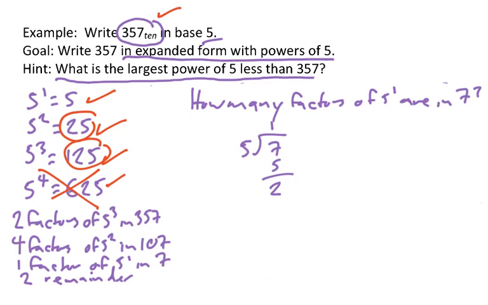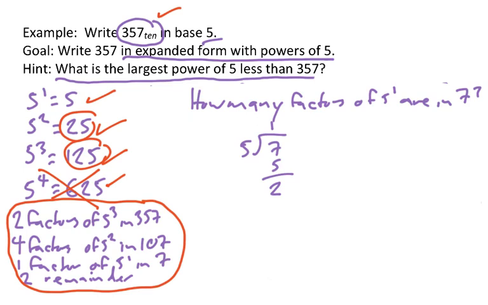Now I would like to take those facts and write them in a different form. I would like to interpret how this information tells me how to write the number 357 in expanded form using powers of 5.